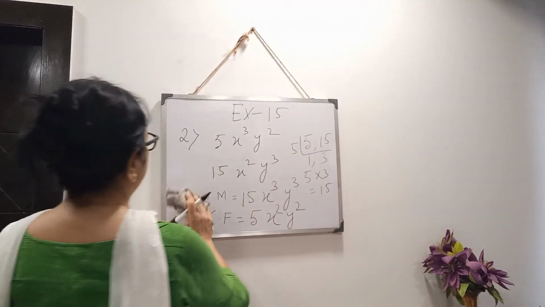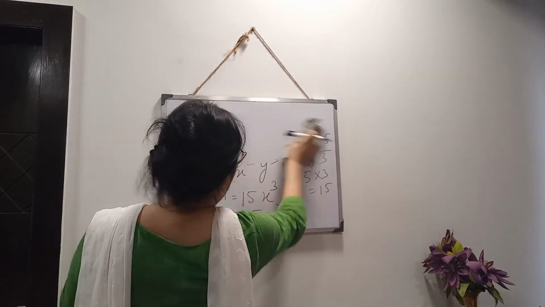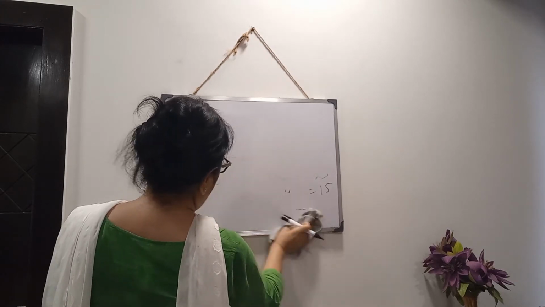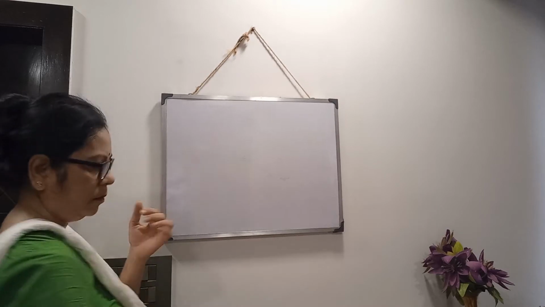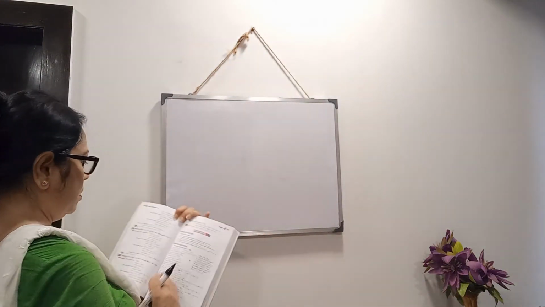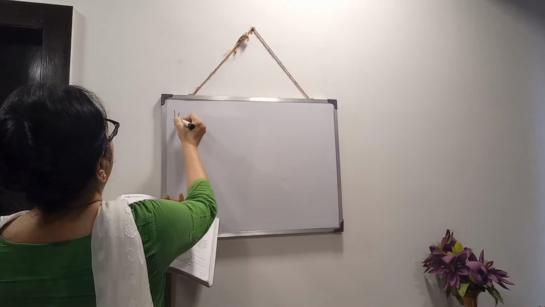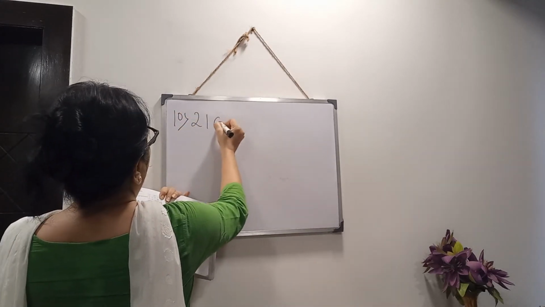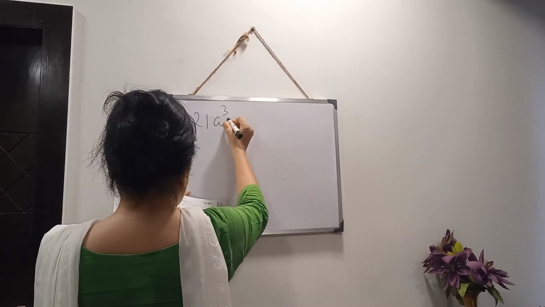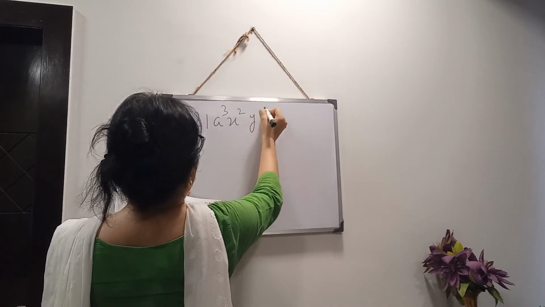Another one. This one, number 10. The first term given is 21 a cube x square y to the power 4.